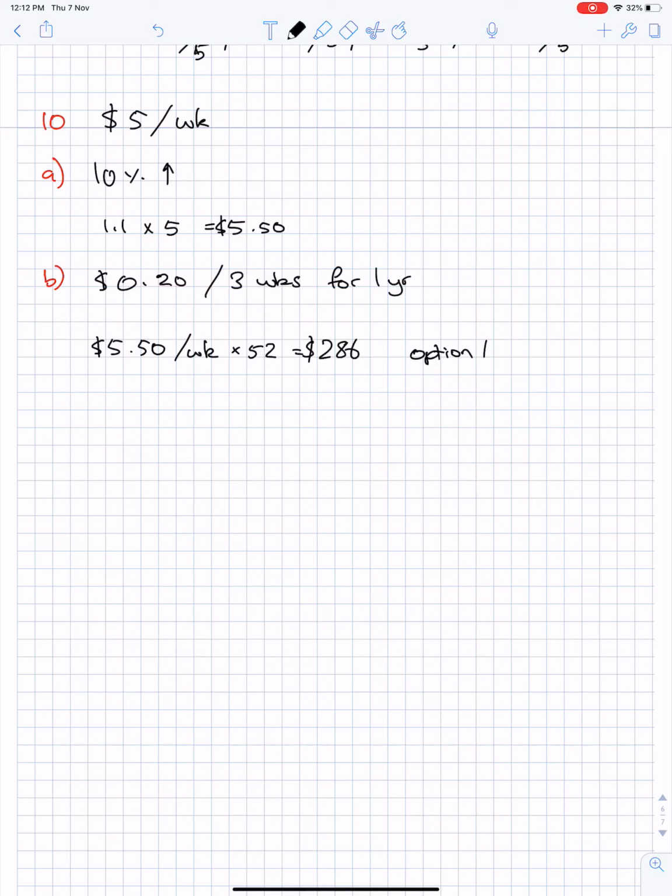Okay. Option 2 is saying a 20-cent increase every 3 weeks for a year. So 1.2 times, oh no, sorry.